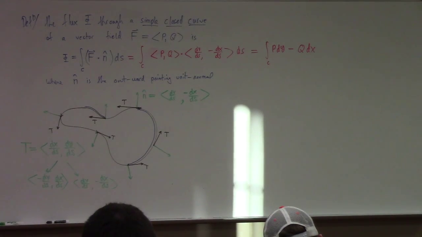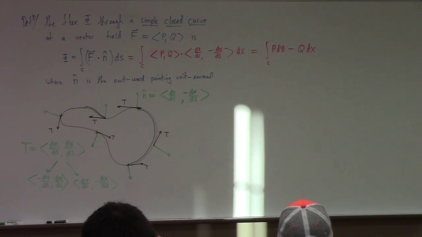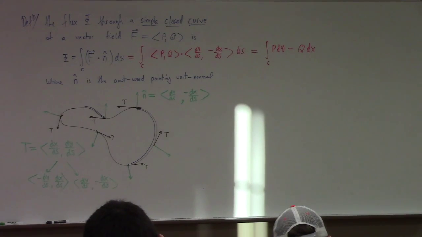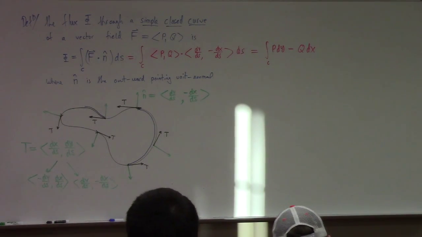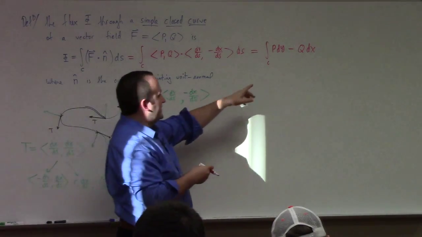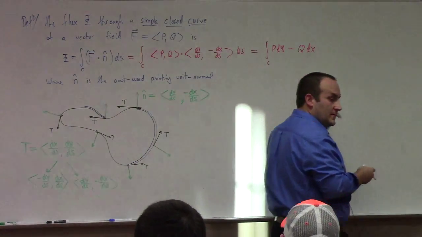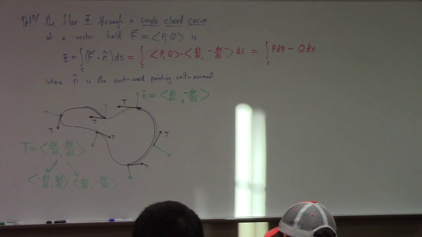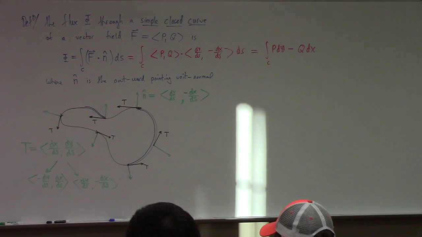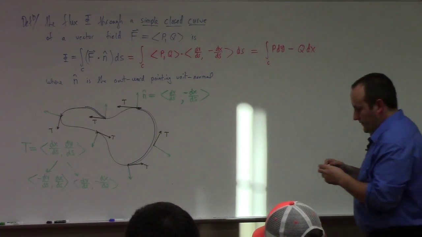Formally, the ds's cancel. Less formally, if you work through the definition of the line integral with respect to arc length, the line integral with respect to arc length is precisely equal to this specific line integral, which we've defined carefully in previous classes. So there you have it. That's the flux of a vector field through a curve.